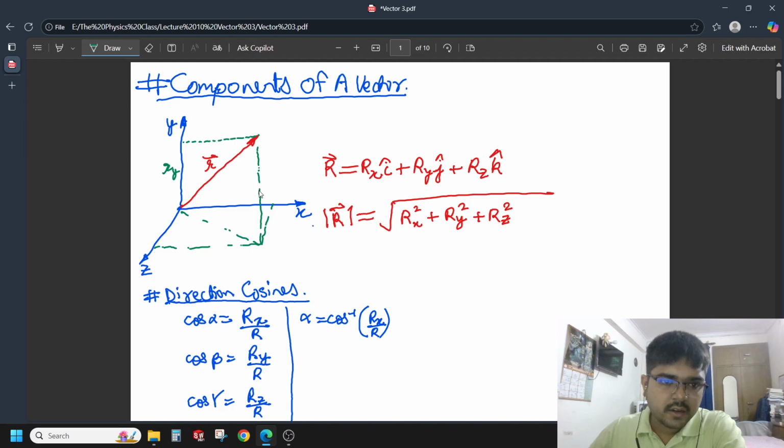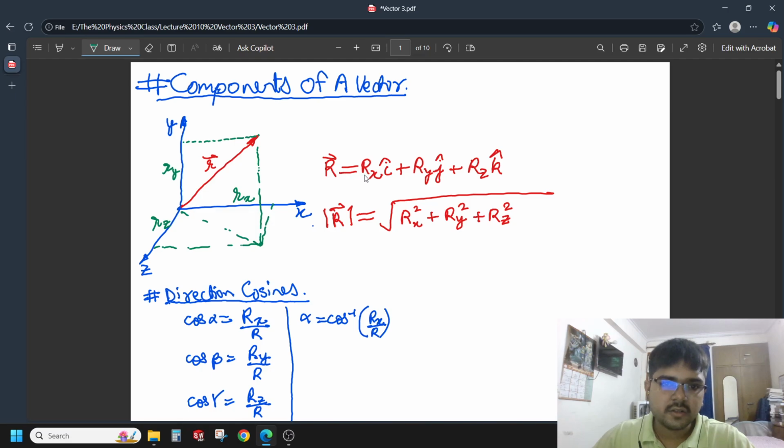Here, this green line is dropping a perpendicular to the plane xz, and from this point, we can drop another perpendicular to the x-axis and to the z-axis such that we have the components Rx and Rz. So that is how we find the components of any vector in the coordinate space.